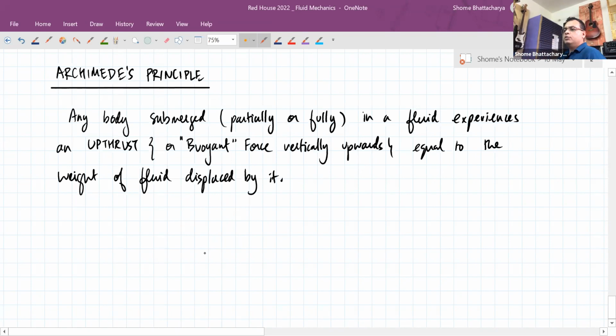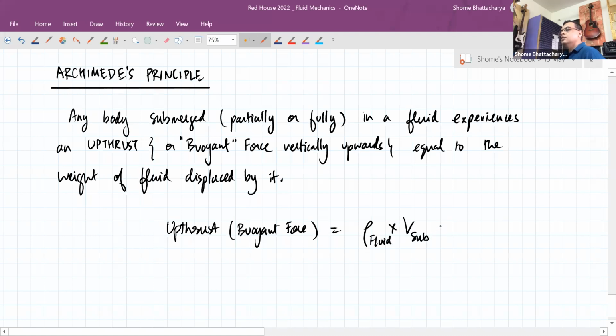One way of expressing this mathematically is that the upthrust, or buoyant force, equals the density of the fluid multiplied by the volume of the submerged part multiplied by acceleration due to gravity. This V sub is nothing but the volume of the portion of the body which is submerged. In case of complete submergence, it's the total volume of the body. In case of partial submergence, it is that part of the volume which is submerged.